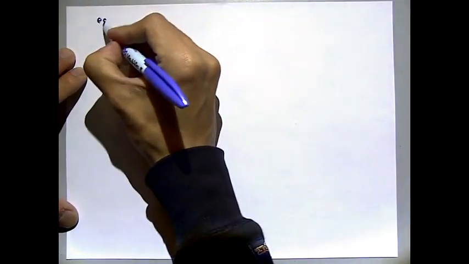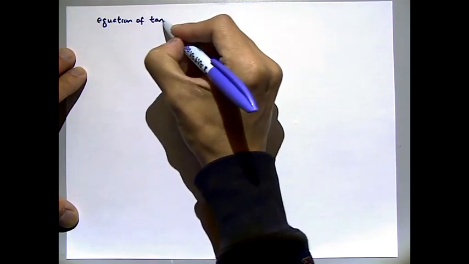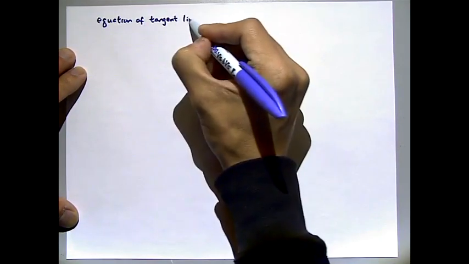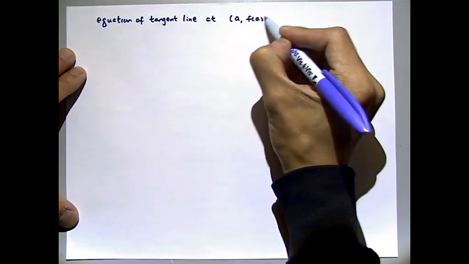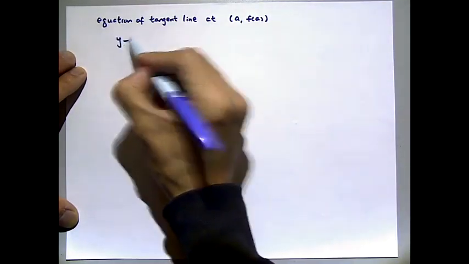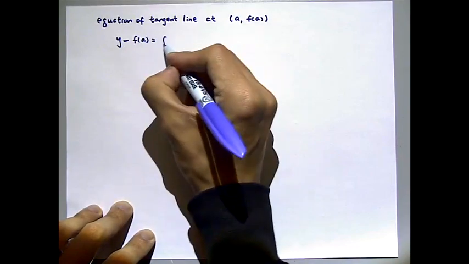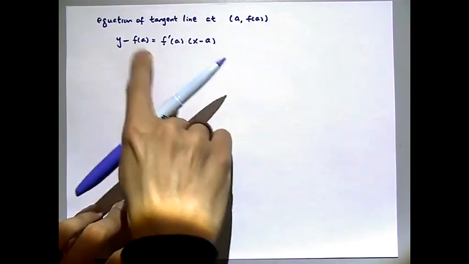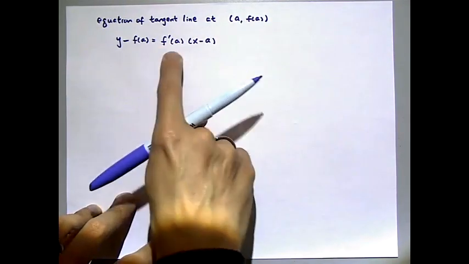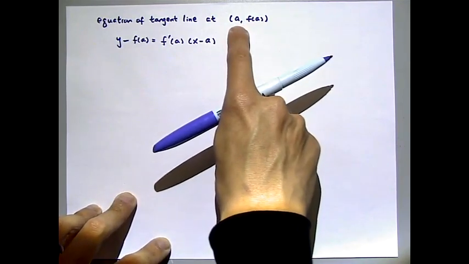Okay, so let's write down the equation of the tangent line. We can use the point-slope form of the equation of a line. Okay. y minus the y value of the point is equal to the slope, f prime of a, times x minus the x value of the point.